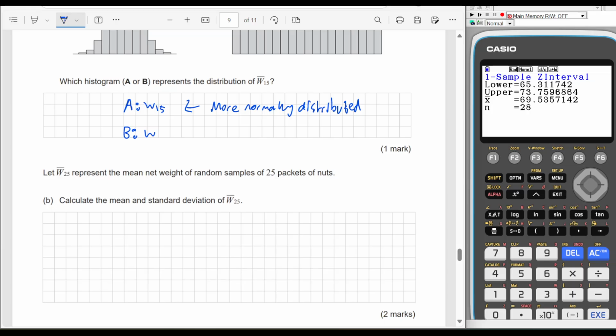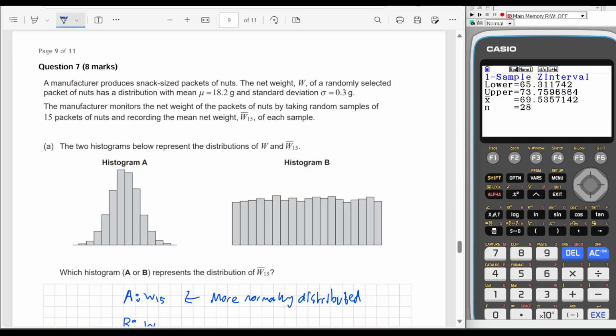Let W25 calculate the mean and standard deviation. So the mean of W bar 25 is the same as the mean of W. These are your formulas from sampling distribution. So that's 18.2.